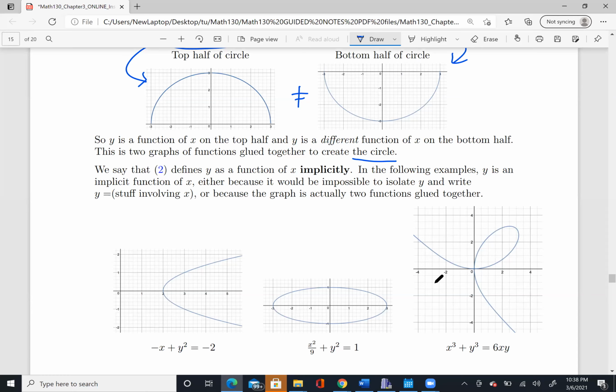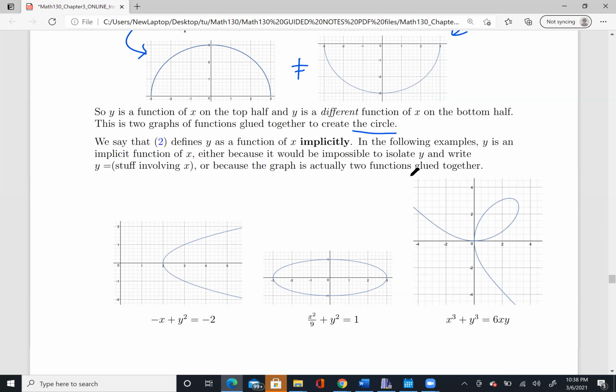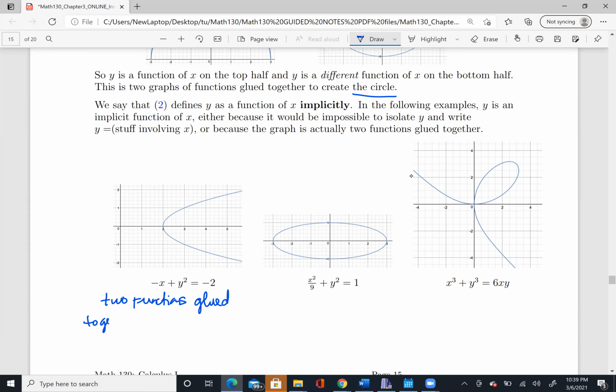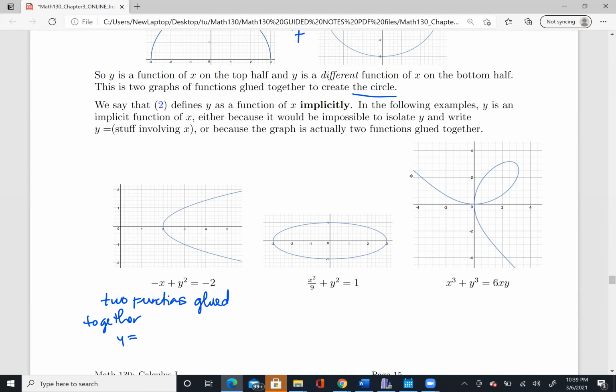So, for example, the first one over here is these two functions glued together, with y equal to positive or negative square root of x minus 2.